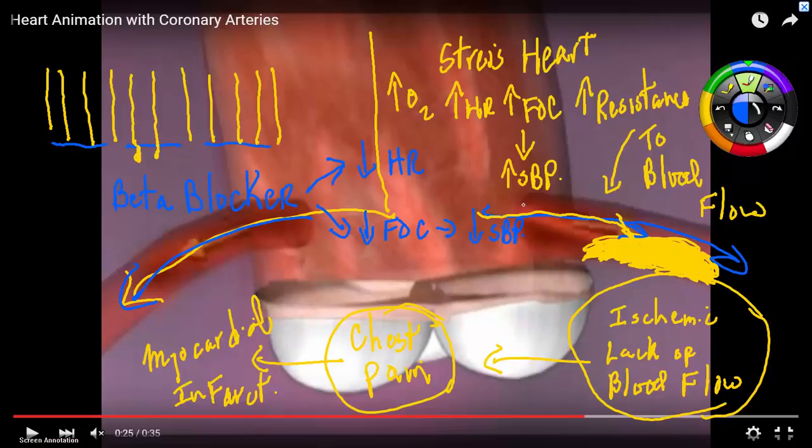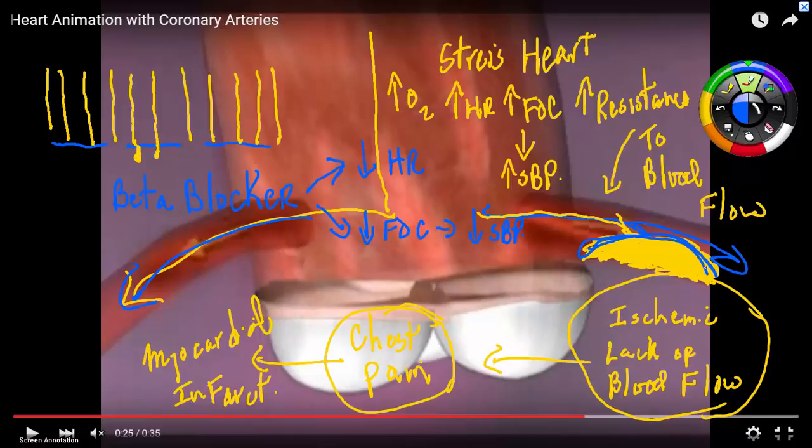So if your heart is working less hard because you're on a beta blocker, that means it requires less oxygenated blood flow. And if you got plaques in your coronary arteries, that's exactly what you want to happen.